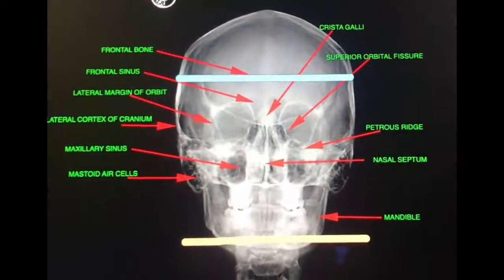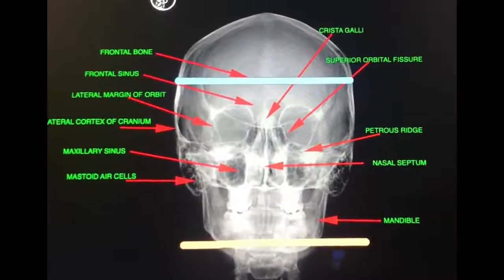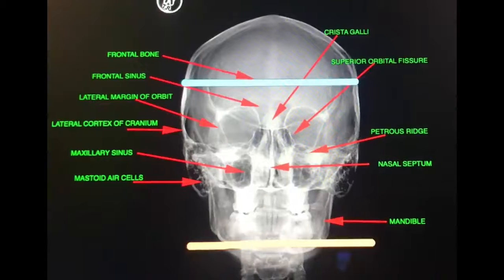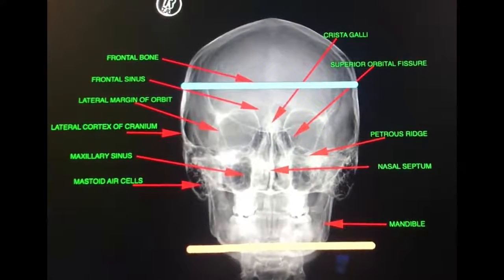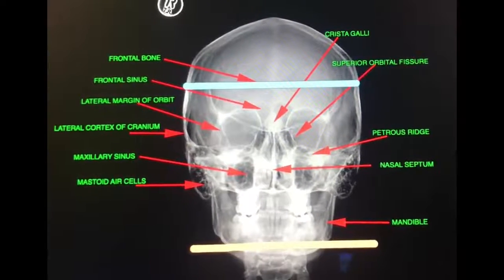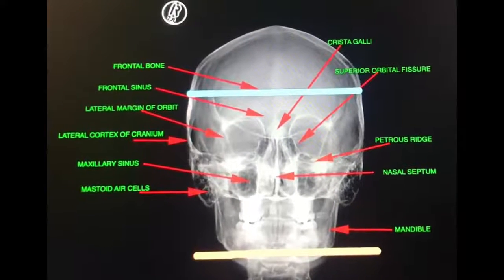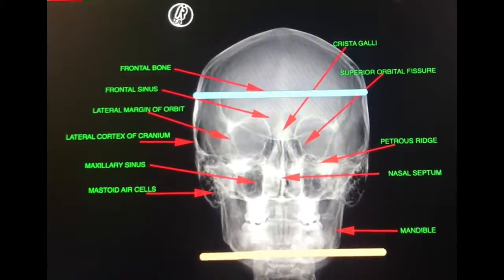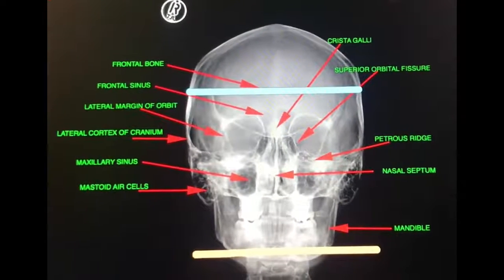Okay, so the evaluation criteria for your PA axial view, or what is known as your occipitofrontal 15-degree view. In terms of rotation, there is correct CR angulation when the petrous ridges lie in the lower third of the orbital region. To move the petrous ridges away, you can angle your tube maybe about 25 to 30 degrees caudally.